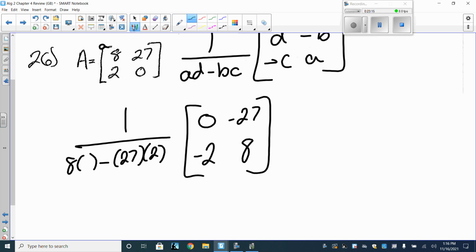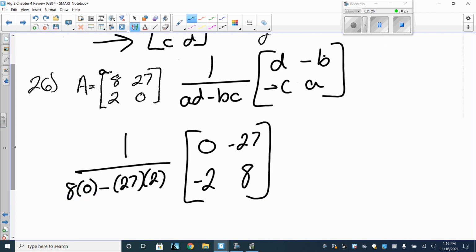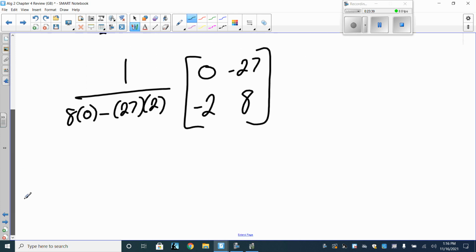Right there, so the A is at the bottom. So we're doing essentially the determinant or cross, 8 times 0 minus 27 times 2. So if the denominator of this fraction became 0, we really wouldn't have an inverse because that is the determinant.